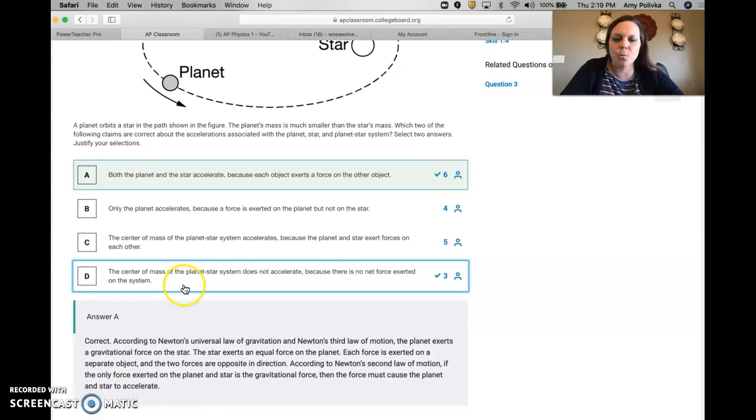And so I just wanted to point this out again, and this is kind of a repeat from last Unit 2's review. Go back and check that out. So again, we think of the planet and the star as a system. And so if we're just thinking about those 2 objects, their center of mass is not technically going to accelerate or change because there's no net force on the system. They have forces on each other, so when they accelerate together, it's going to stay constant.